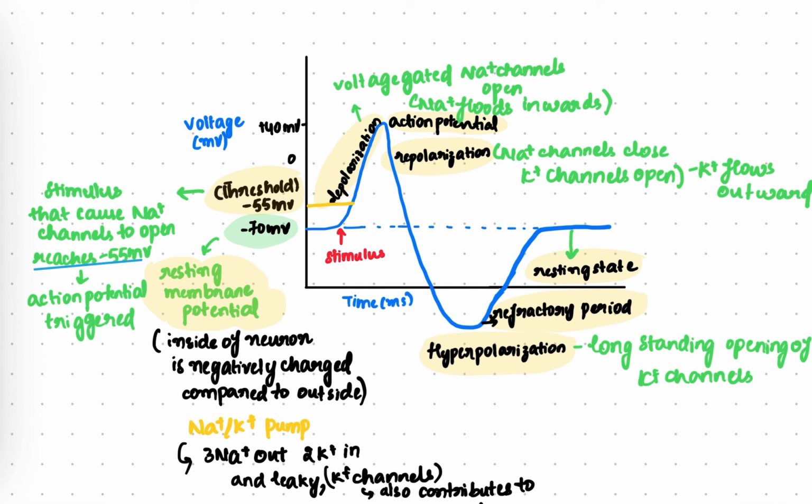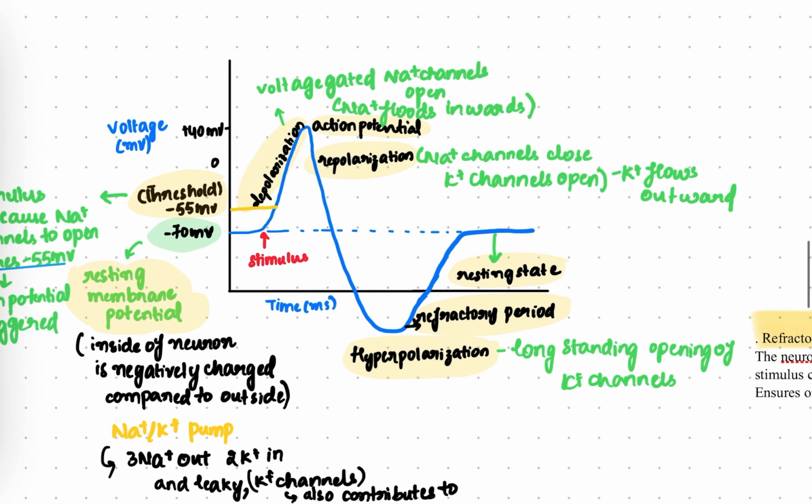The potassium voltage gated channels open. Since potassium is more inside than outside, it will go outside. So more potassium flows outward, more positive charge goes outside, and that's why it becomes more negative.